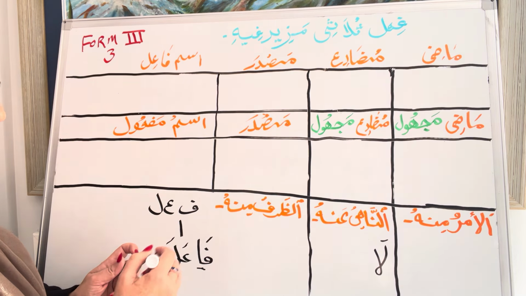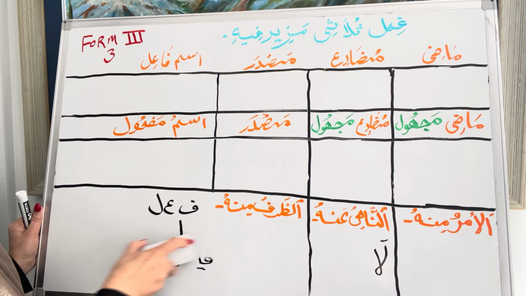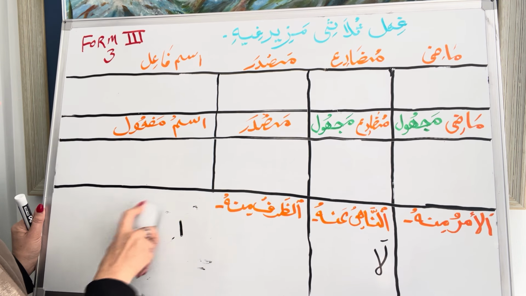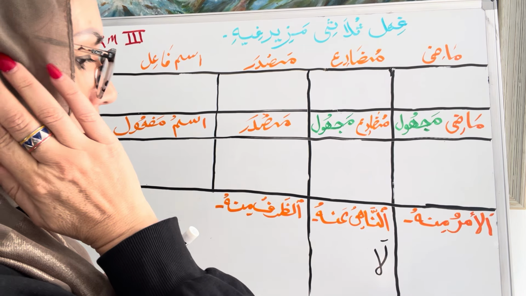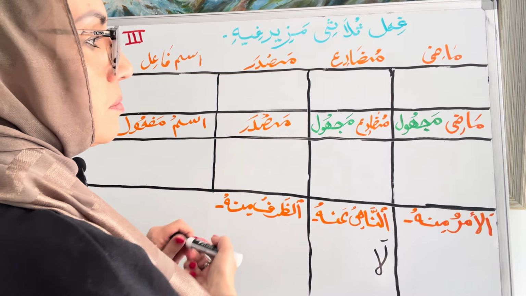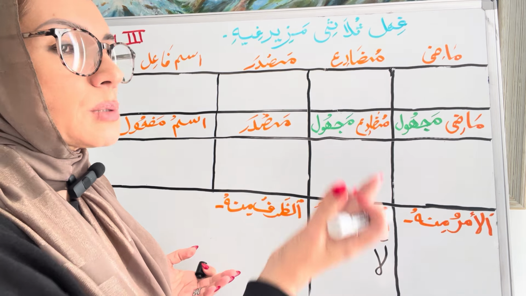So now we're going to be using this to add our new verb here. Okay, so the verb we have is, it could be any verb that you can put in this place.